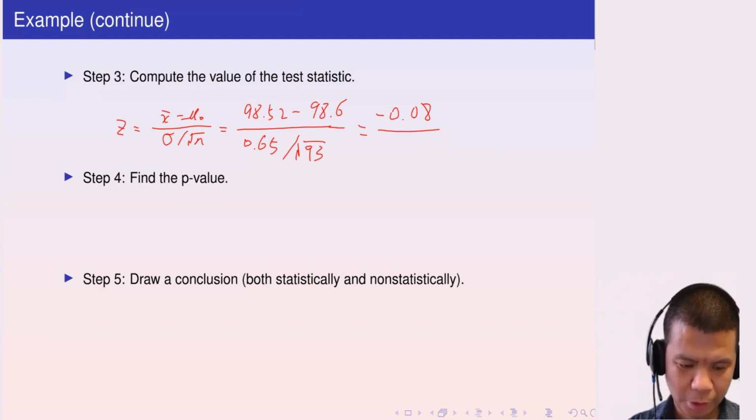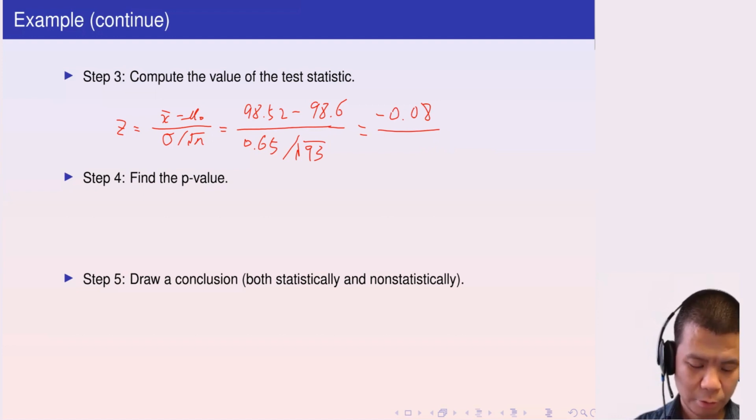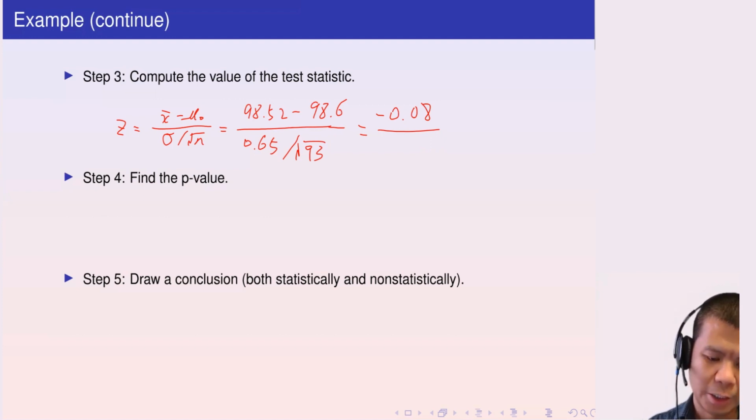Let me use a Google calculator. 93 raised to power 0.5. Okay, I got it.